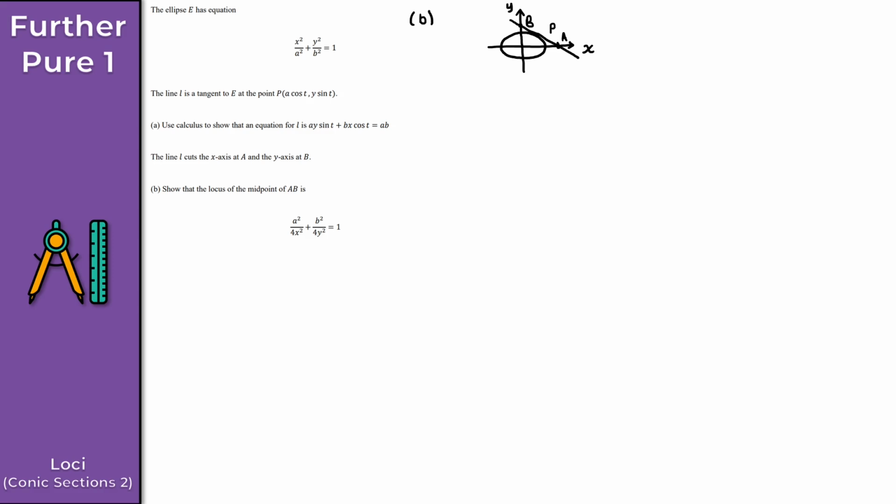Okay, so for A here, this occurs when y equals 0. Okay, when y equals 0. So all I need to do here then is substitute y equals 0 into the equation of the tangent. Okay, so ay sine t, that's just 0. And then we get bx cos t is equal to ab.